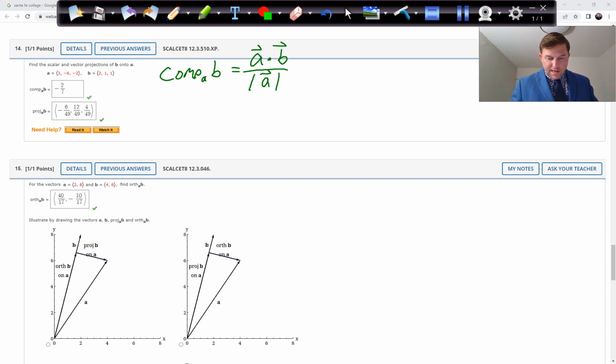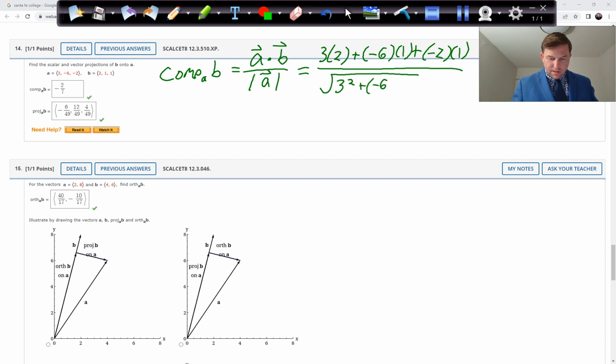So A dot B is going to be 3 times 2 plus minus 6 times 1 plus minus 2 times 1. And the magnitude of A is going to be the square root of 3 squared plus minus 6 squared plus minus 2 squared.